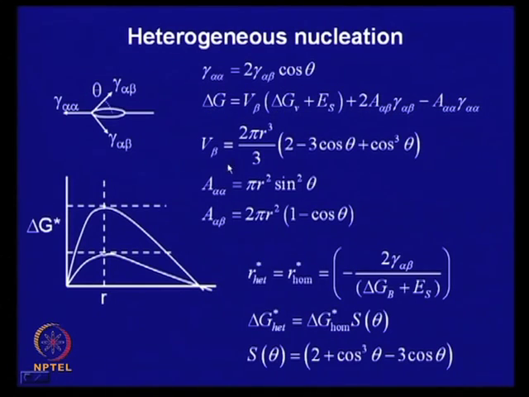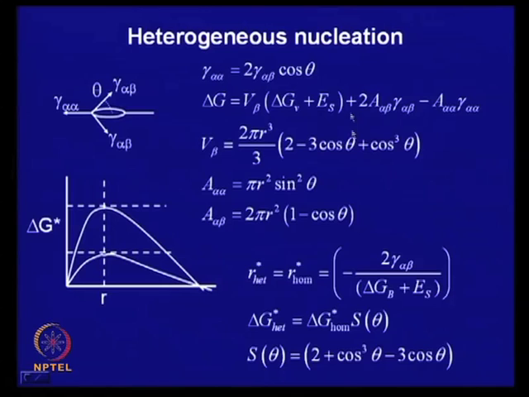Now, you can also find out easily the volume of the double spherical cap, which is given here. The area A alpha alpha, that means the area of this circular shape, this circular area, this is A alpha alpha, which disappears, and the new alpha beta area which is created, this is that.